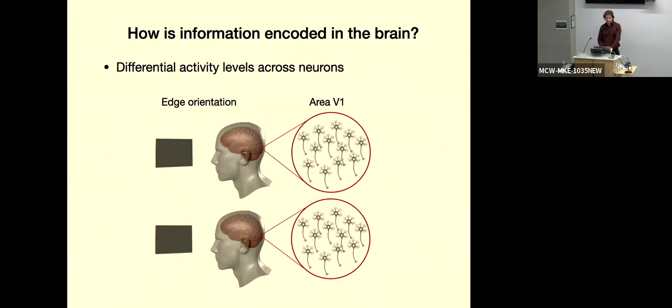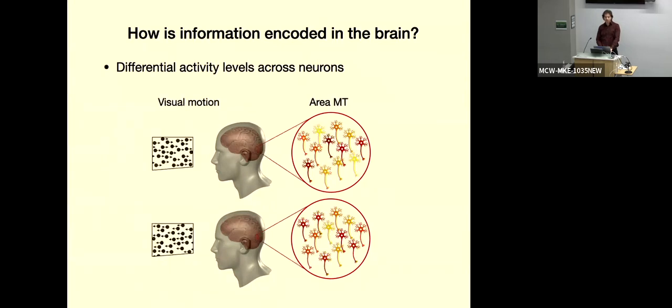So if you measure neural activity in the primary visual cortex, V1, you see that the relative activity level across neurons is particularly sensitive to simple visual features like the orientation of edges or lines, and different orientations produce different patterns of activation across the neurons.